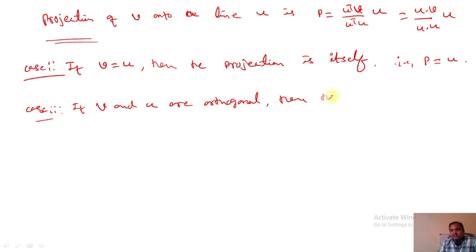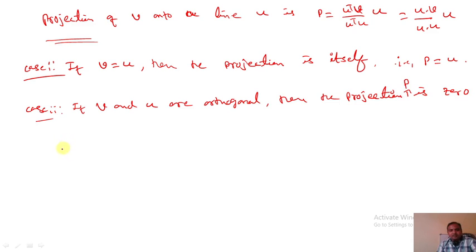Then the projection P is 0. When it is orthogonal, the projection is 0.